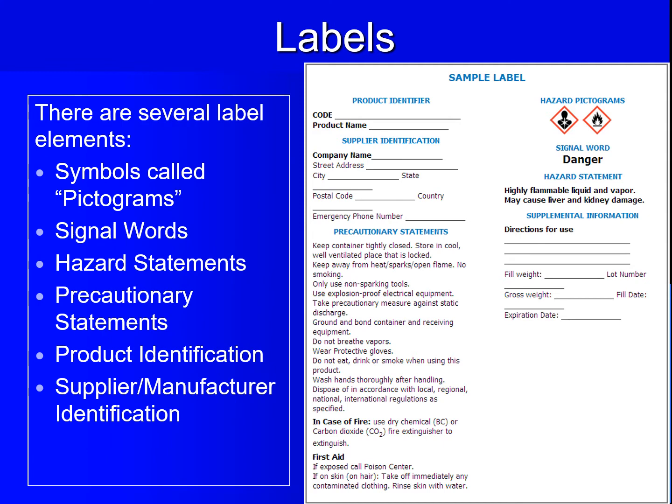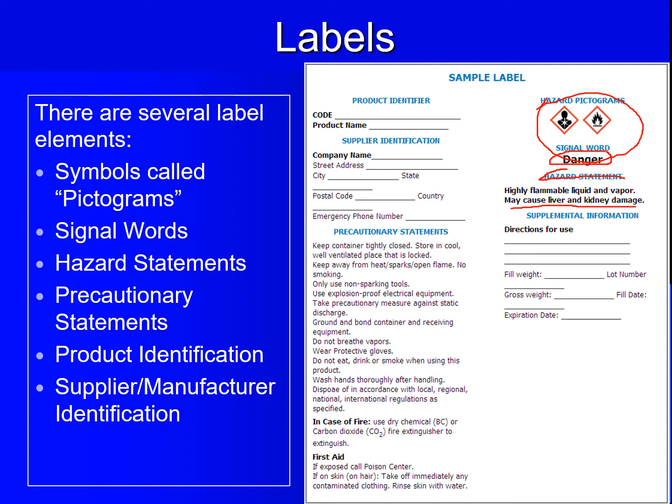Labels. There are several label elements. Symbols called pictograms, which are here. Signal words, which is here, danger. Hazard statement, here, and it covers this under here.